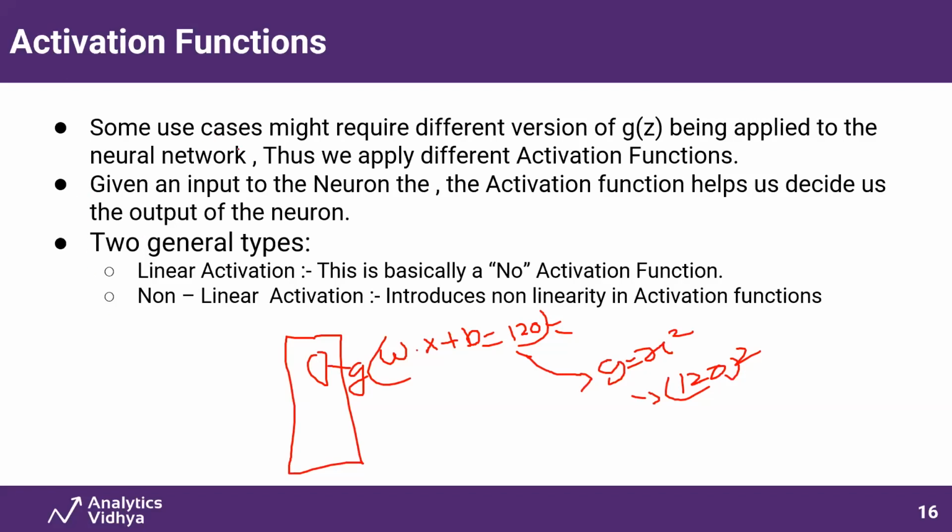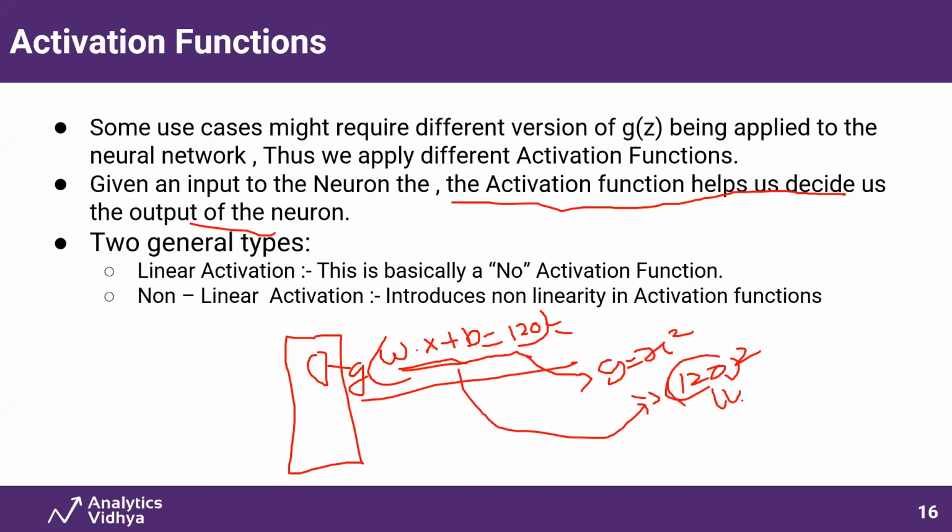As I told you, some use cases might require different versions of activation functions being applied to a neural network. We will see what those different types of use cases are in the next slide. So we apply, like I told you here, activation functions to the output of a neuron. Basically, the activation function helps us decide the output of a neuron. A neuron did some mathematical calculations. It went to the activation function.